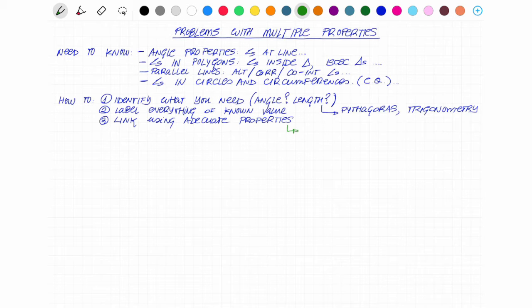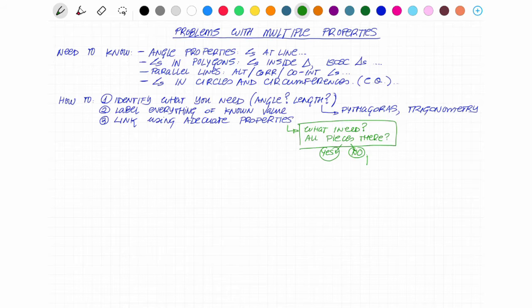So remember, this is the process in which you always ask yourself, well, what do I need? And do I have all the pieces? And ideally, the answer would be a yes. Most of the cases, it's going to be a no. If it's a no, then you're going to have to repeat the whole process.